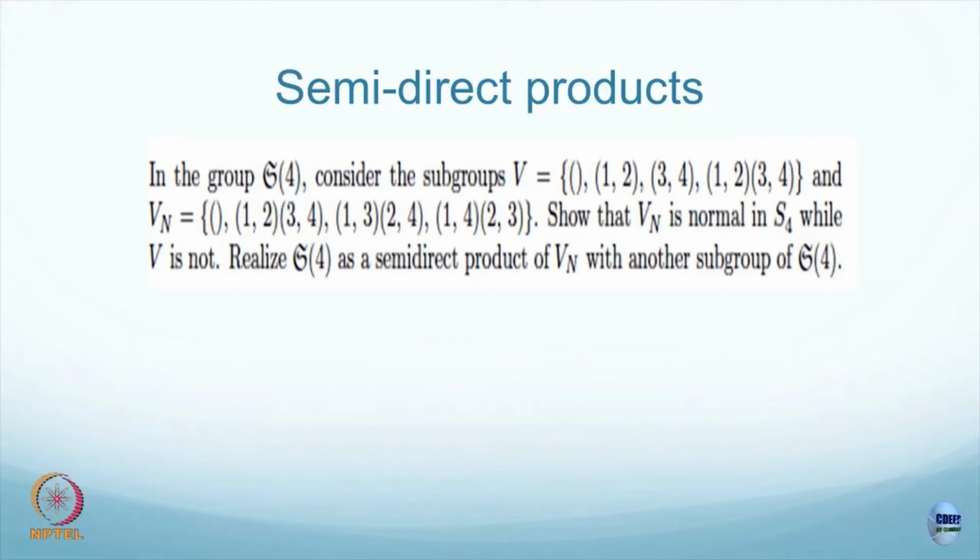One subgroup is where you take a 1-2 cycle and a 3-4 cycle, and you can write V, it should form a subgroup, which means just with 1, 2 and 3, 4 it will not be enough, right. Why?